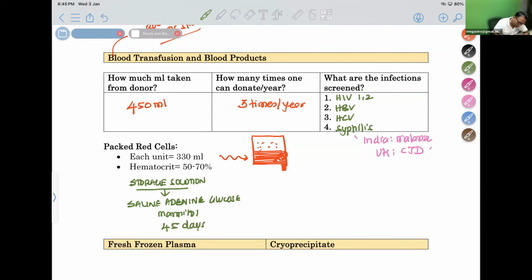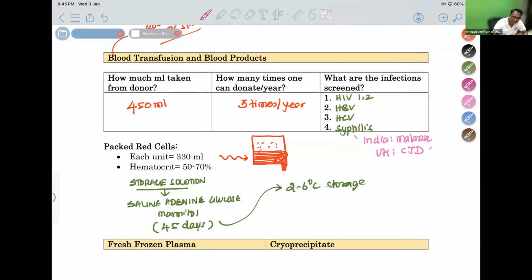I can store the blood for 45 days at a temperature of 2 to 6 degrees centigrade in the fridge. So with saline, adenine, glucose, mannitol, I can store the packed red blood cell for 45 days.